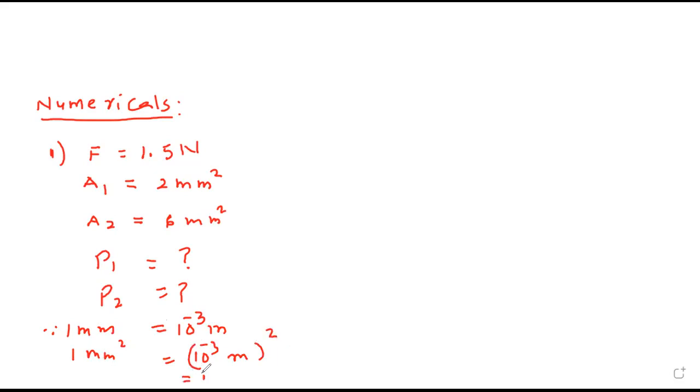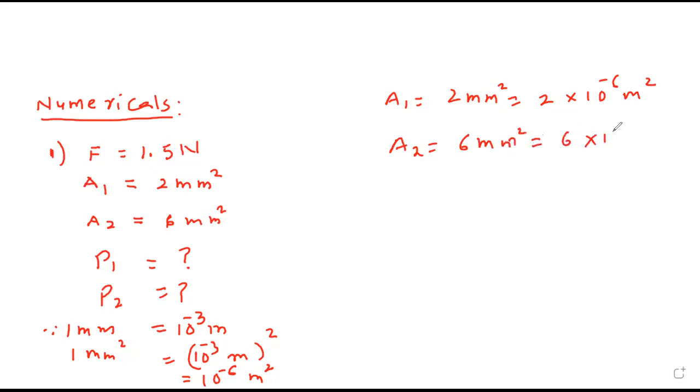So can I say it is 10 raised to minus 6 meter square? Yes. So area A1, which is 2 millimeter square, will be 2 into 10 raised to minus 6 meter square, and area A2, 6 millimeter square, will be 6 into 10 raised to minus 6 meter square.